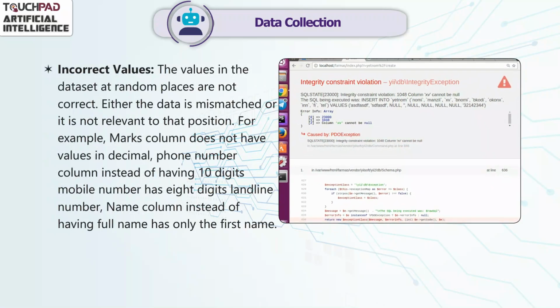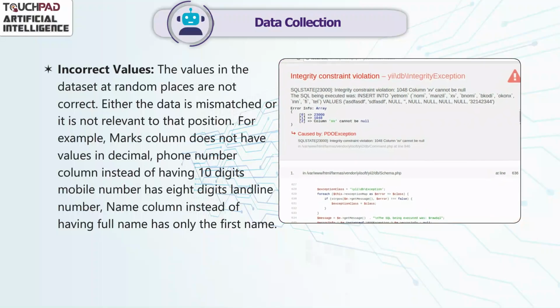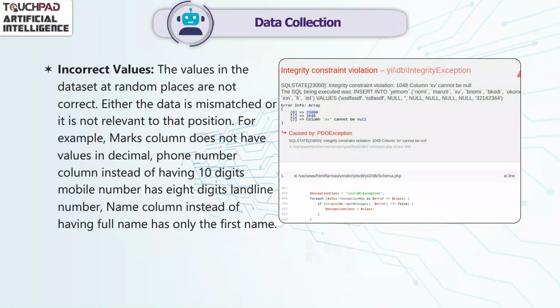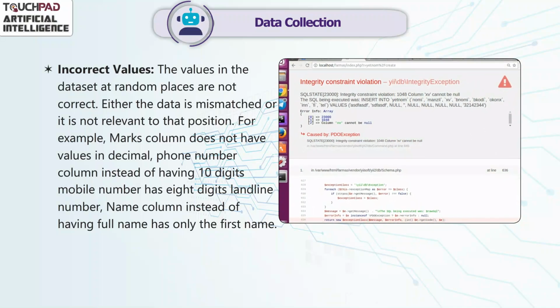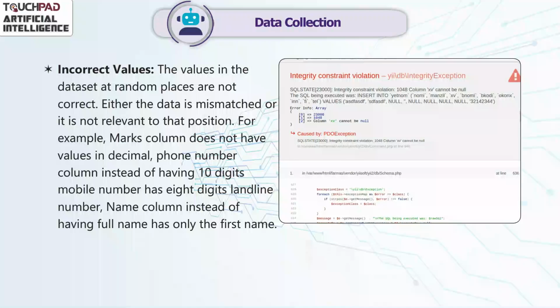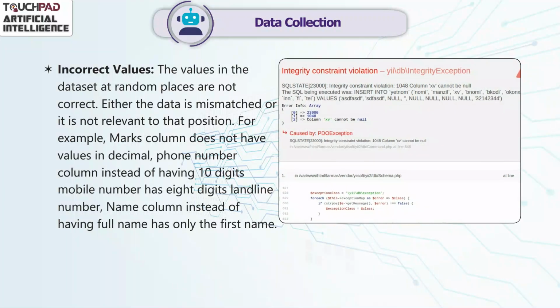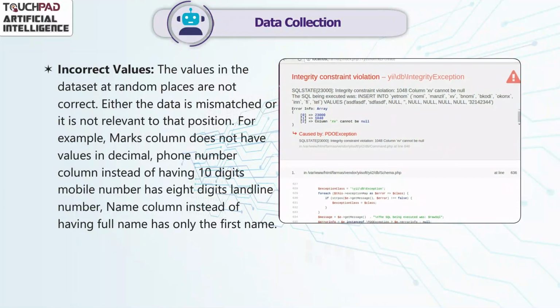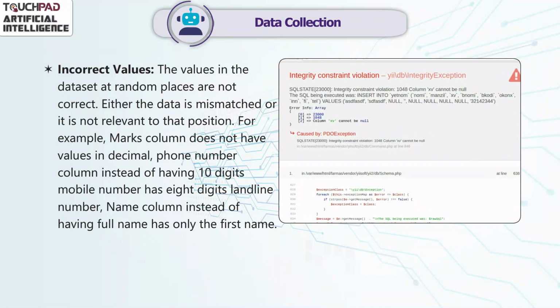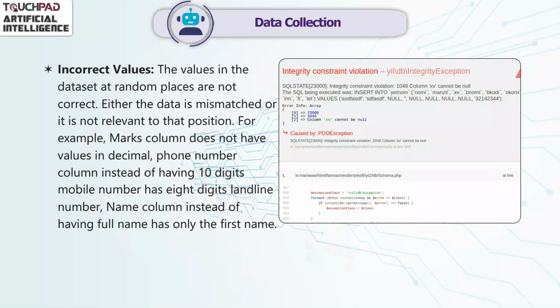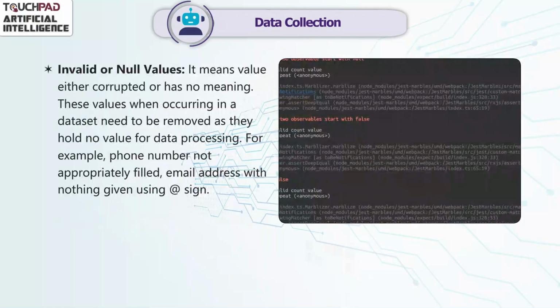Either the data is mismatched or it is not relevant to that position. For example, the marks column does not have values in decimal. The phone number column, instead of having a 10 digit mobile number, has an 8 digit landline number. The name column, instead of having a full name, has only the first name.